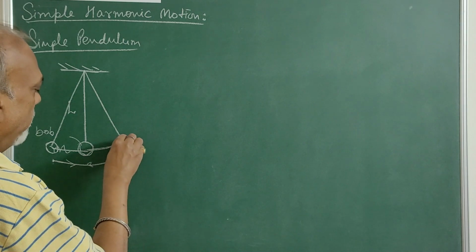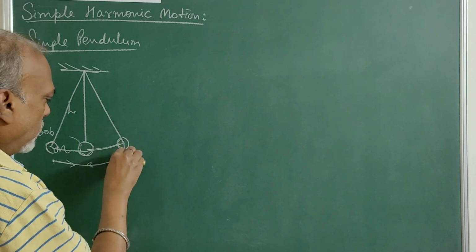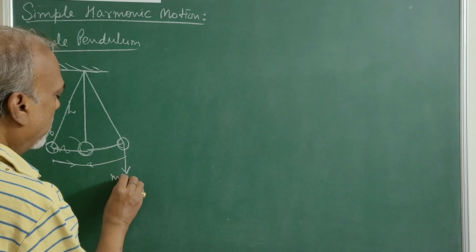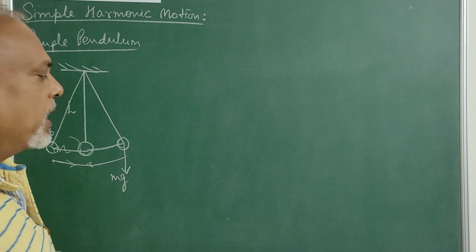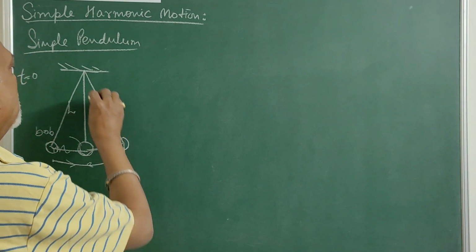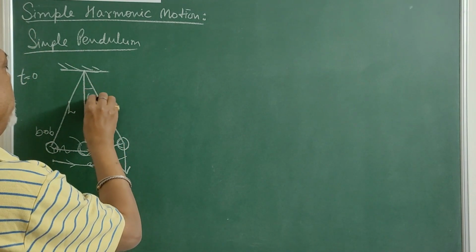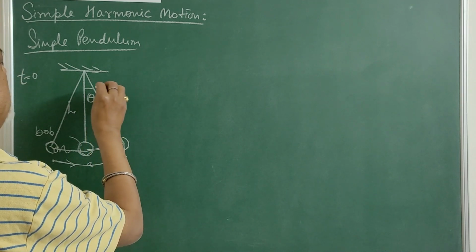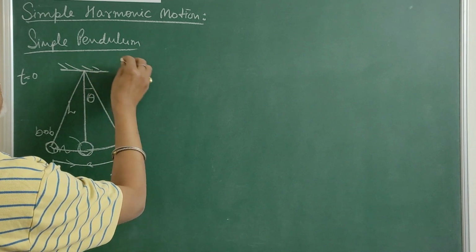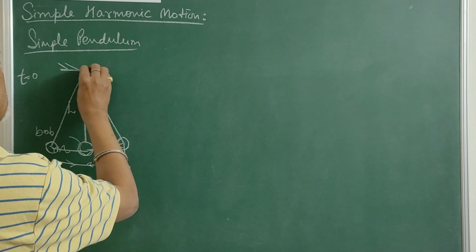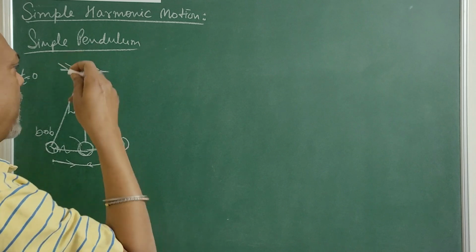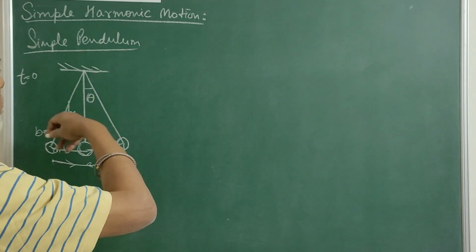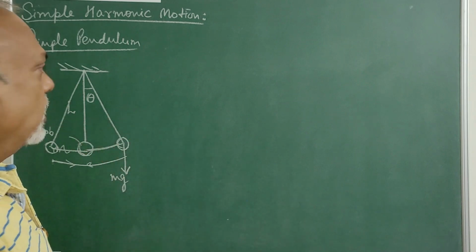It has a mass, so naturally a downward force, gravitational force, will act on it, correct? And suppose at time t, the position of the bob is like this, so the angular displacement is theta, and this is the axis perpendicular to the board through which it is making an angular motion.